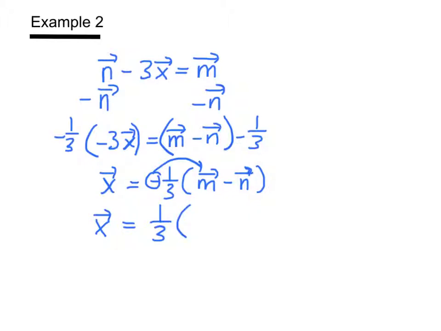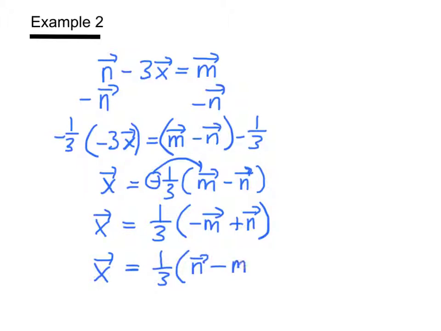And that's going to get me minus vector m plus vector n, which we can rewrite as vector n minus vector m. And this is the form that your book puts the solution into. So let's go ahead and follow that example.